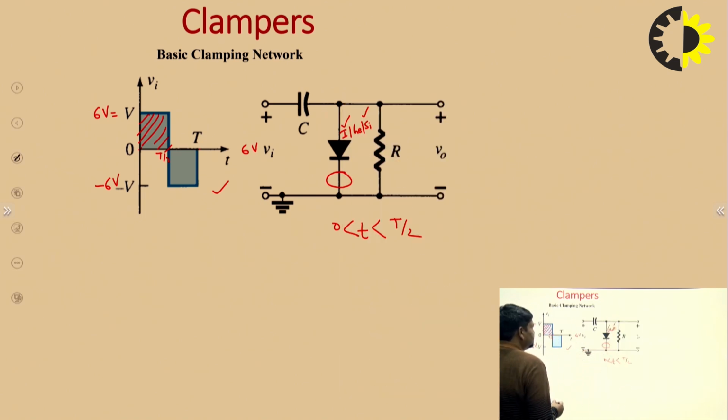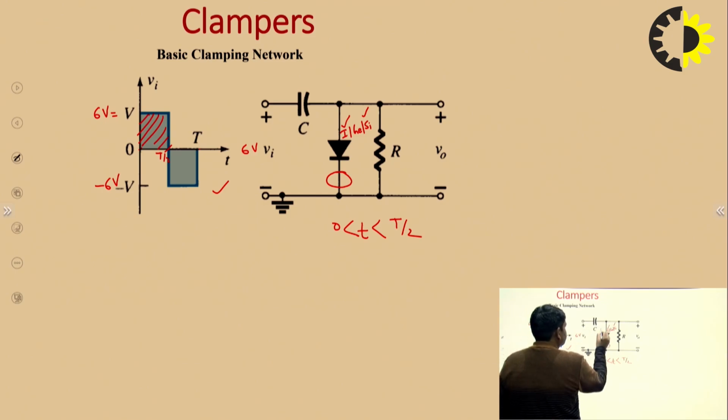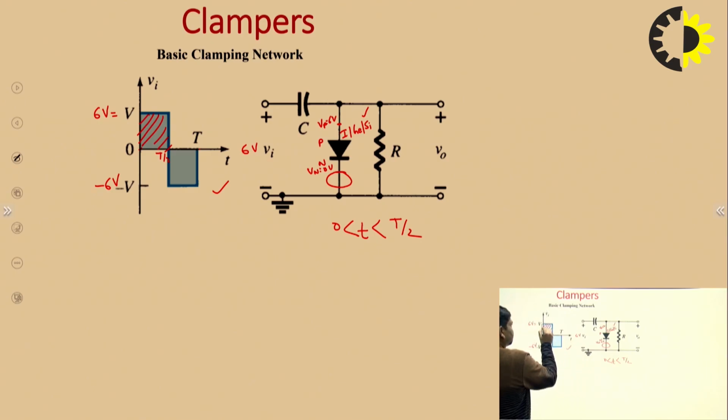If we apply this plus 6 volt here, this is the P terminal and this is the N terminal, so the voltage at P is plus 6 volt and Vn should be 0 volt, because this is a digital signal. So from 0 to T by 2, the voltage of 6 volt is maintained for the whole half cycle.